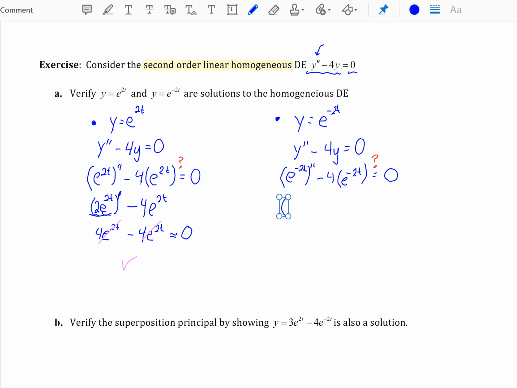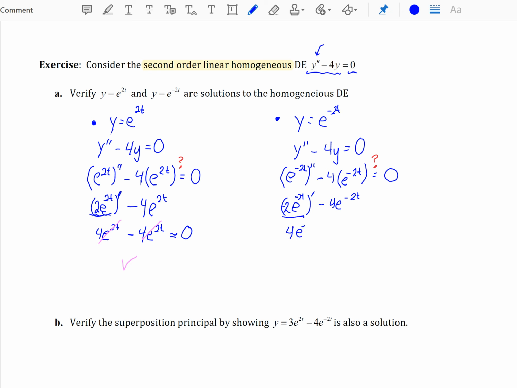If we take a first derivative, leaving one of the derivatives behind, the derivative of e to the negative 2t is e to the negative 2t times, by the chain rule, your negative 2. If we take another derivative of negative 2e to the negative 2t, we'll get another factor of negative 2.